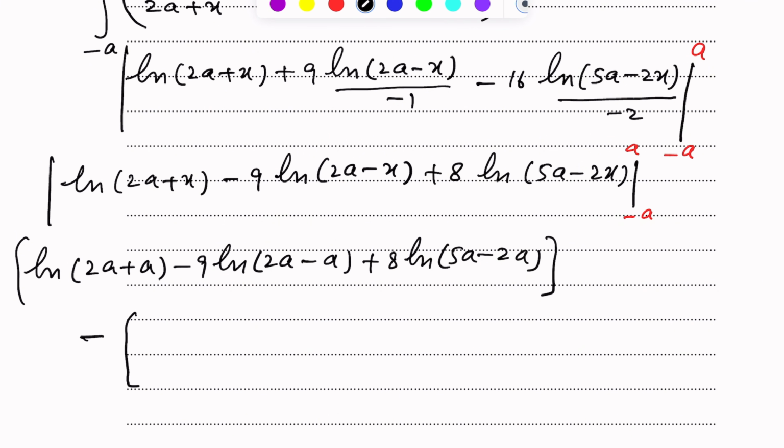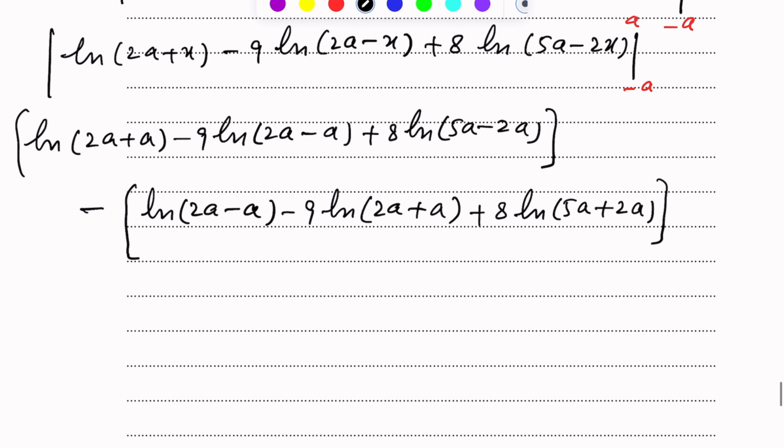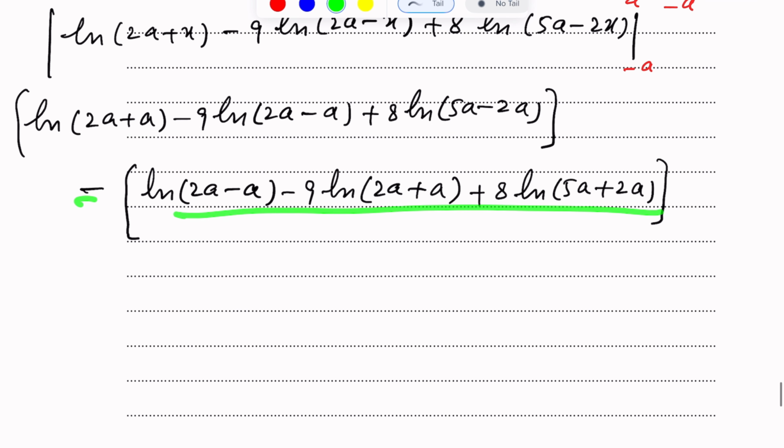This becomes log(2a - a) - 9 log(2a + a), because x was replaced by -a, so minus and minus become plus, plus 8 log(5a + 2a). The upper limit applied gives this, and minus the lower limit applied gives this. Now we will simplify it.